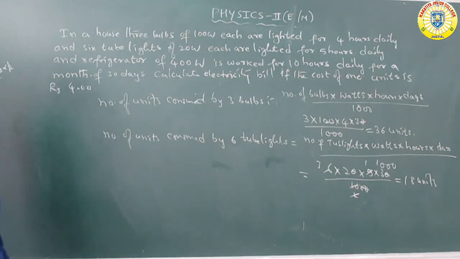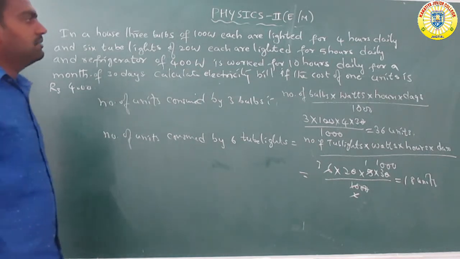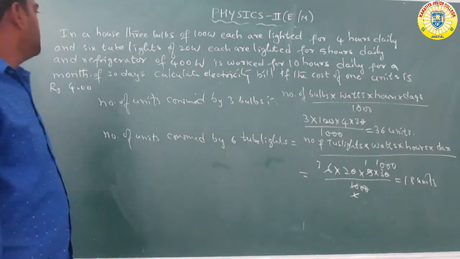Okay. Now the remaining one is the refrigerator. The refrigerator of 400 watts is worked for 10 hours daily for a month.